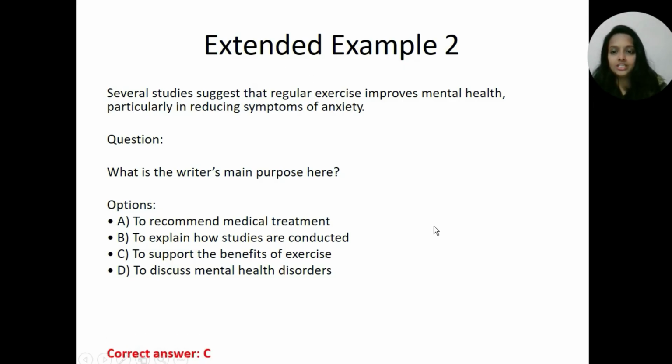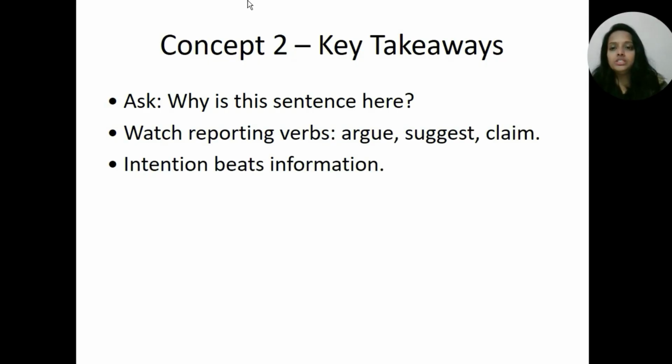And the answer is option C. Because why is this sentence here? That you need to ask yourself. So you have to watch reporting verbs like argue, suggest, claim. Intention beats information. Okay? Carefully analyze that.